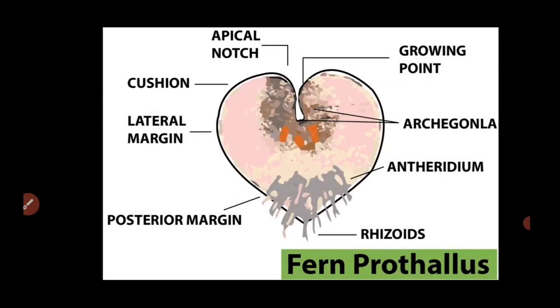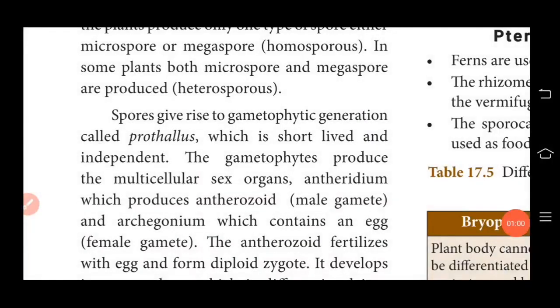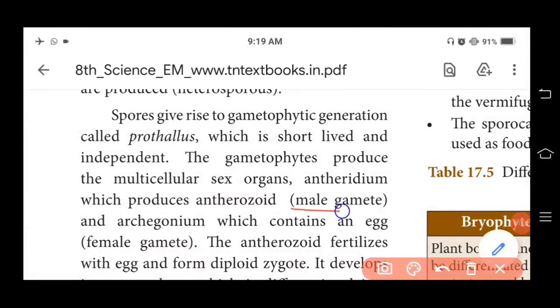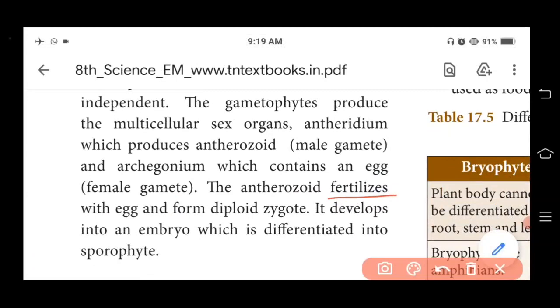The gametophyte produces multicellular sex organs: antheridium, which produces antherozoids, known as male gametes, and archegonium, which contains an egg, known as the female gamete. The antherozoid fertilizes the egg and forms a diploid zygote, which then develops into an embryo that differentiates into the sporophyte.